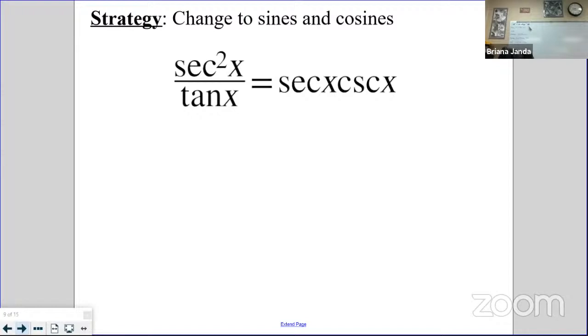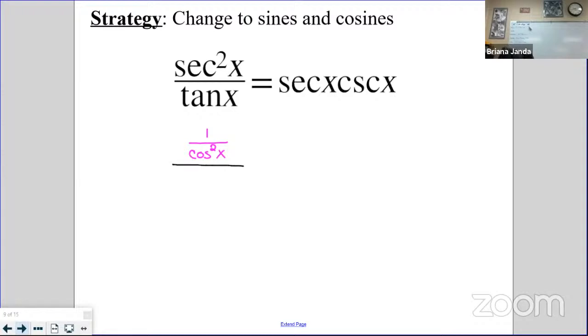I think let's talk about this one because there's a good thing for us to talk about over here. I want to stick with the idea of changing to sines and cosines. So in this one, and I'm going to try to color code so we can follow where these things end up, secant squared of x, I can rewrite as its identity in terms of cosine, right? As 1 over cosine squared x.